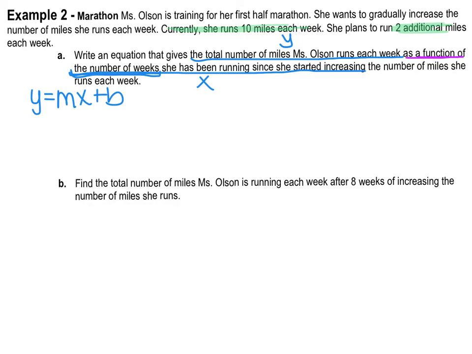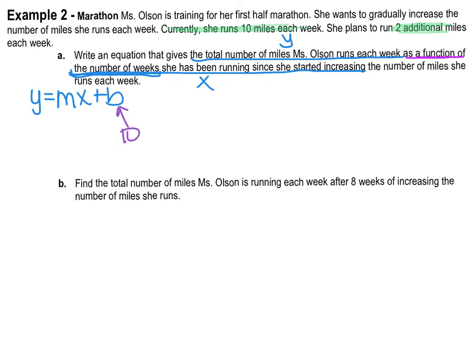So like I said in that first example, b is your starting point, what you always have. m is that change, what's changing. So in this case, we know that she is always running 10 miles, no matter what.